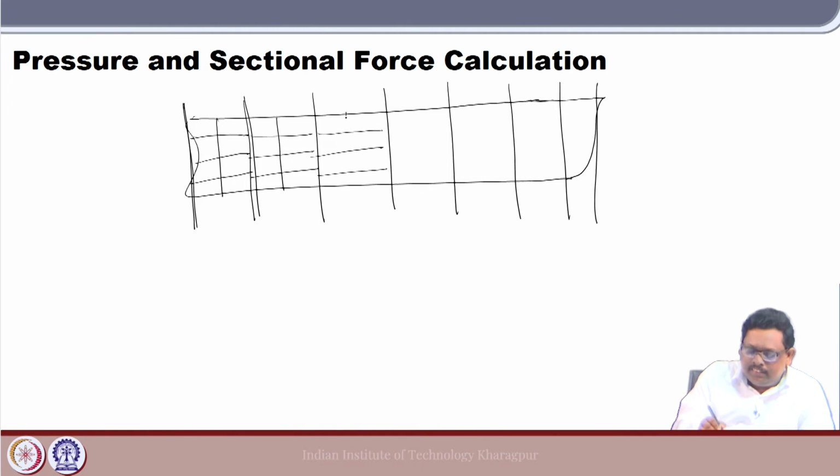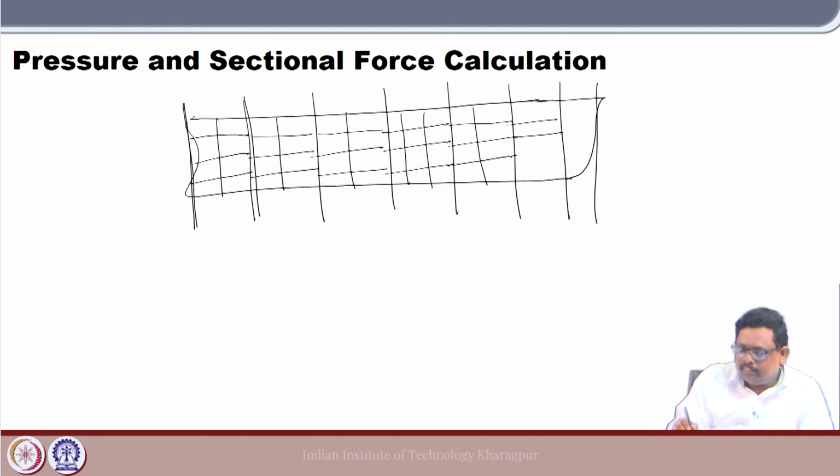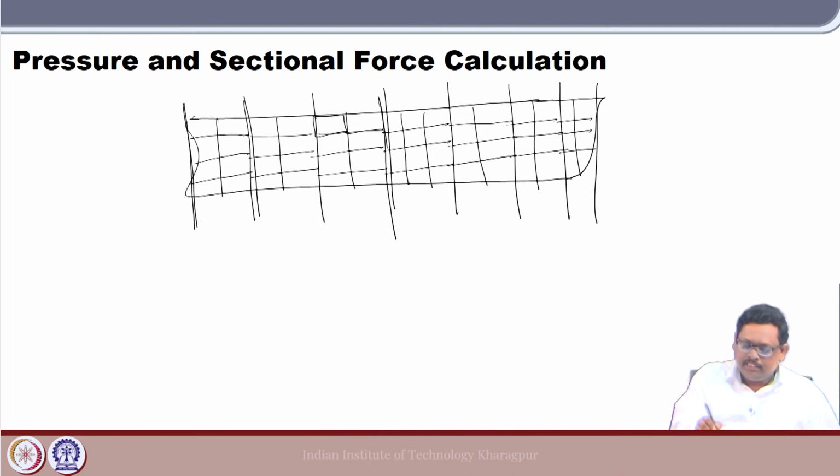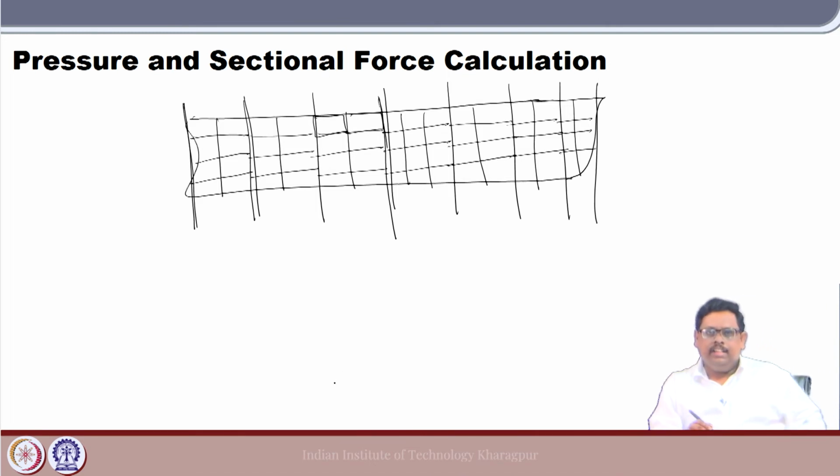If I do this, now you see this is my paneling. I can avoid all sorts of confusion. This is the section line, and all the panels are within the sections. So, now I am ready to average out everything, right.